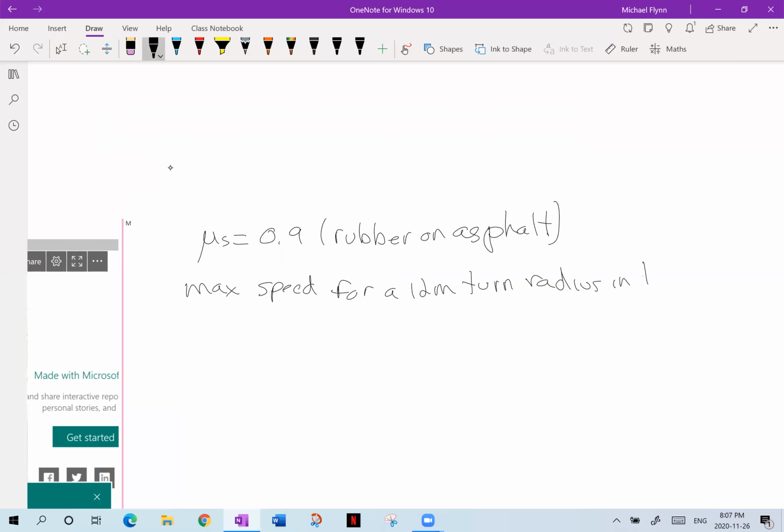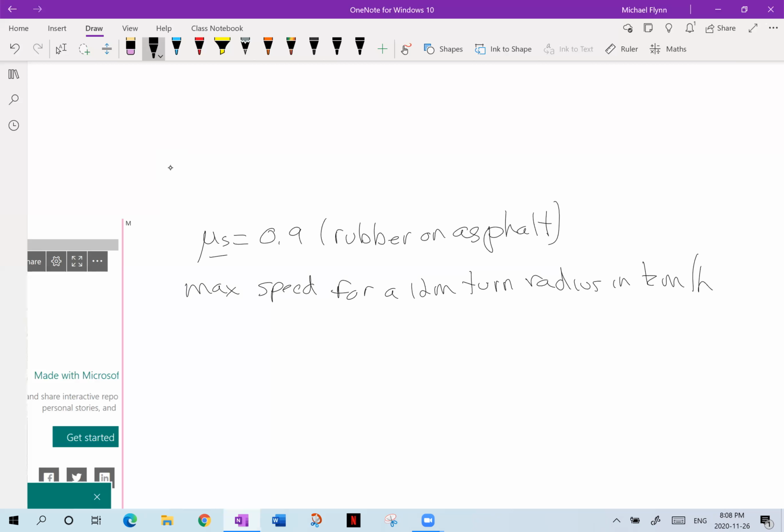And I want the speed in kilometers per hour, because that's how we drive our cars, right? Kilometers per hour. So a 12-meter turn radius. I'm estimating what a turn radius would be on a typical intersection. So I'm saying it's around 12 meters. No, I don't think that's too unreasonable, but let's find out.